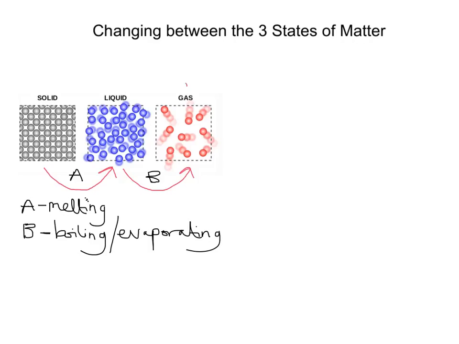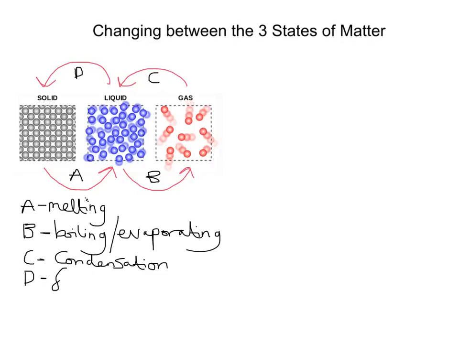When we go from a gas to a liquid, so we'll call that process C, that is called condensation. So when we have condensation, we're able to turn the gas back into a liquid. And now let's put this one in place here. Let's go from liquid, we'll call that process D. When we go from liquid into a solid, that would be freezing.